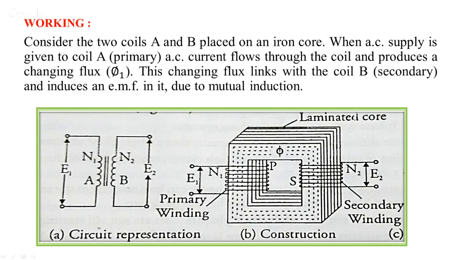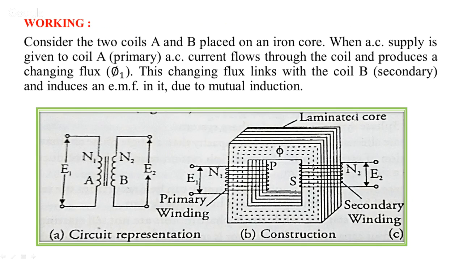So the winding is wound on one leg, and that which is connected to the supply is called as the primary winding, and the winding wound on another leg and that which will be connected to the load is called as the secondary winding.